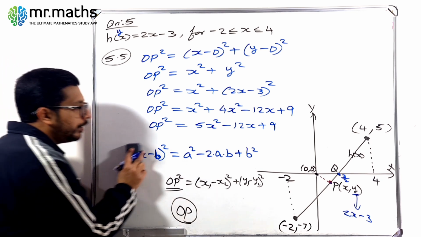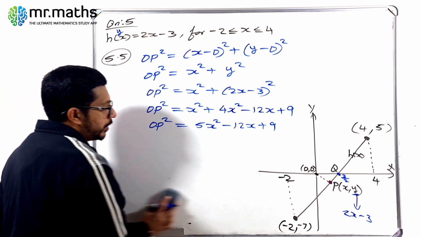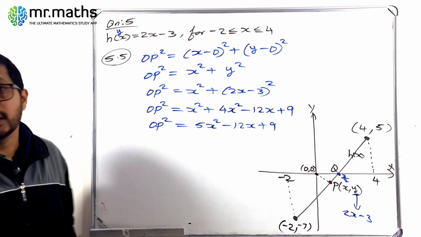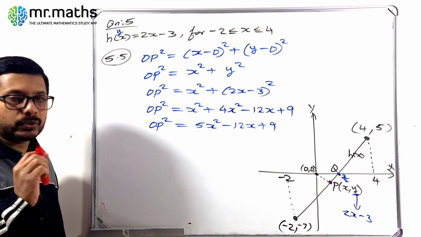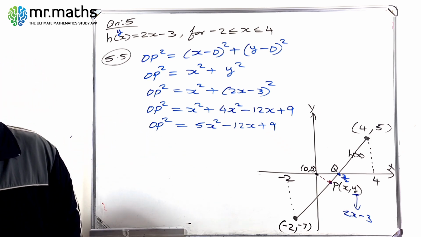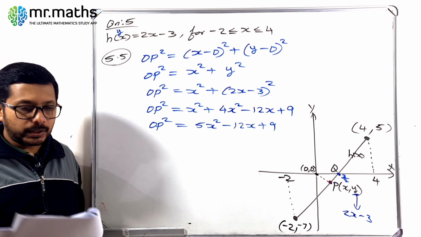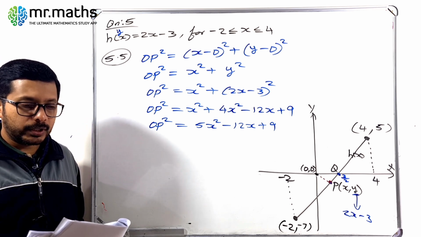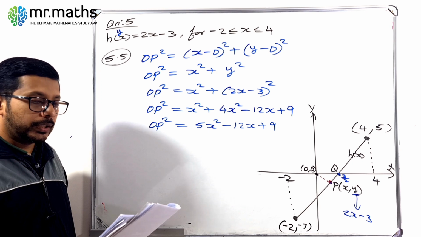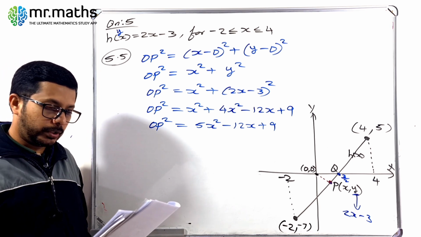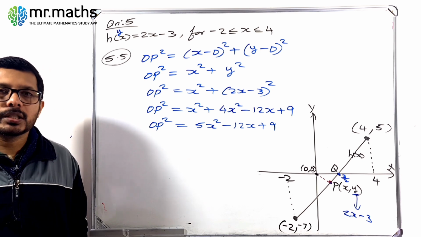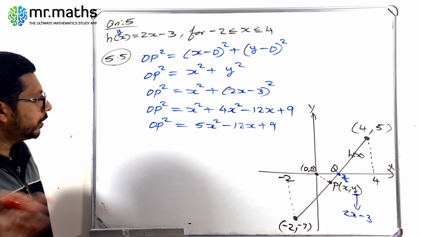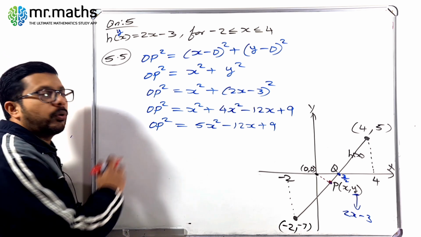Now in this equation I'm going to apply what I said before. Look at the question once more. What is the question? P of x comma y is a point on the graph of h that is closest to the origin. Calculate the distance of OP. This is the expression for OP square.